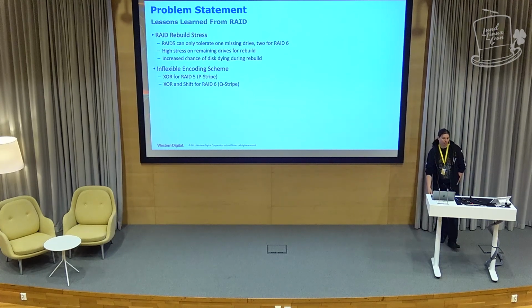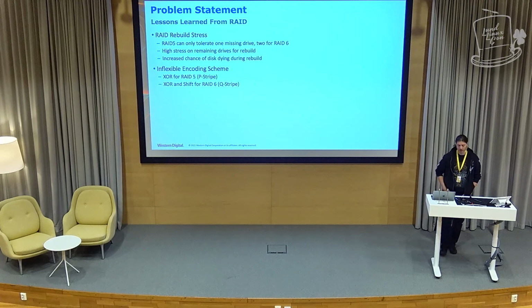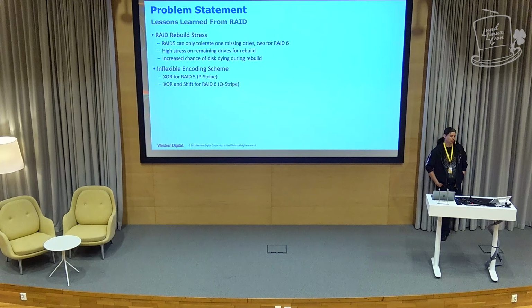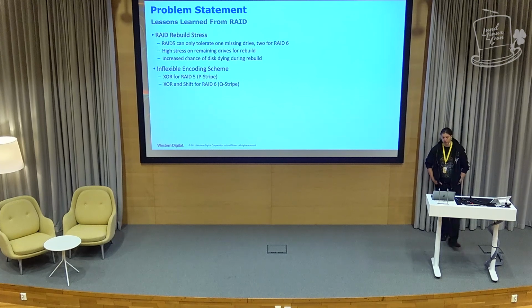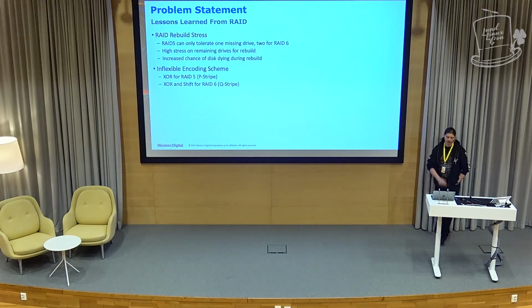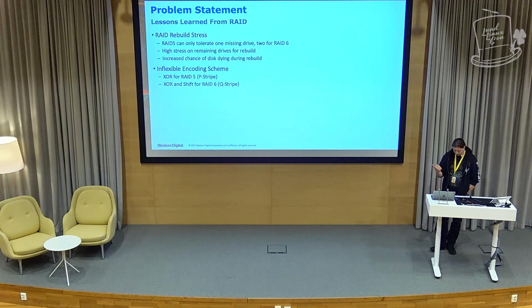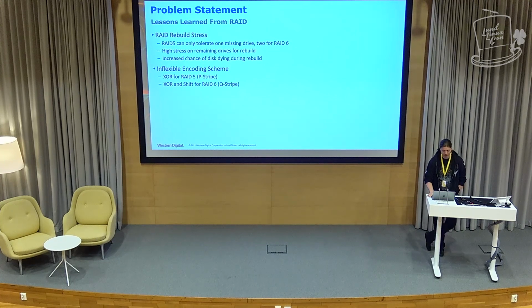With today's drives being 12, 15 terabytes, it takes some time to rebuild the RAIDs. And then there are pretty inflexible encoding schemes, like RAID 5 doing only an XOR operation, and RAID 6 basically just an XOR and a shift for the second parity, for the Q stripe.